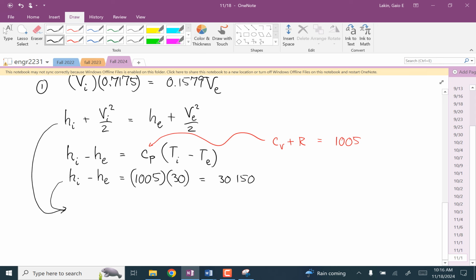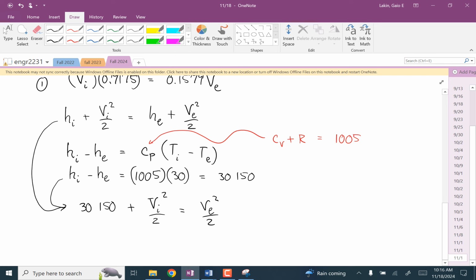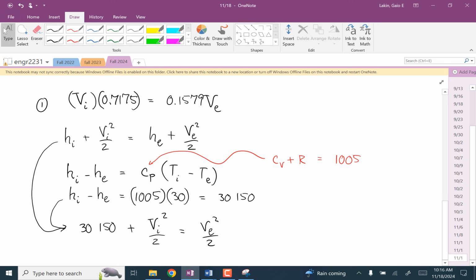So now these two together, so we have 30,150 plus Vi squared over 2 is equal to Ve squared over 2. And now we can plug in equation 1, express one of these in terms of the other one.